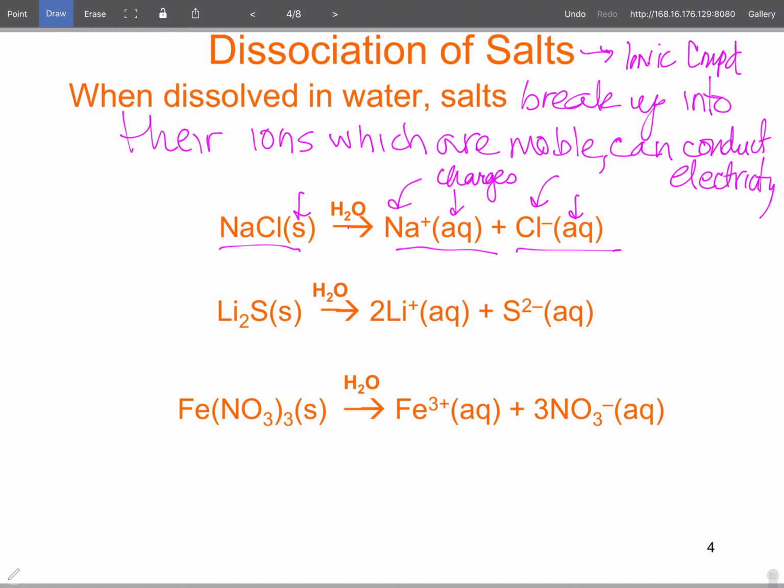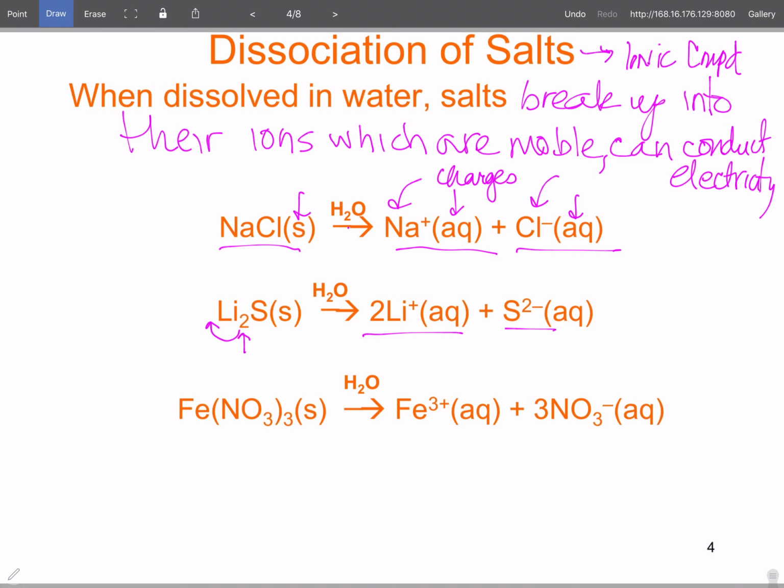Okay, so on the next one we have lithium sulfide, and it's going to dissociate into two lithiums and one sulfide. Remember, this coefficient down here is not part of the compound. So therefore, it tells you the number. So when you dissociate, it comes out front. So this one's going to move out front.